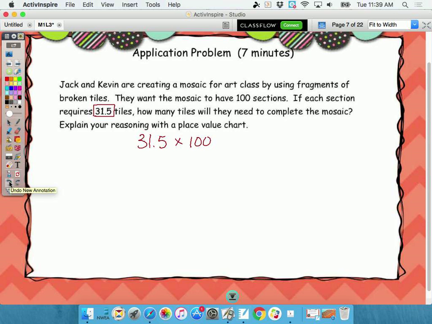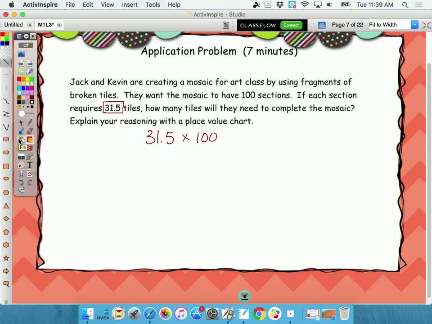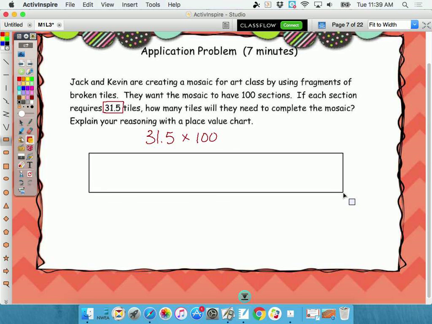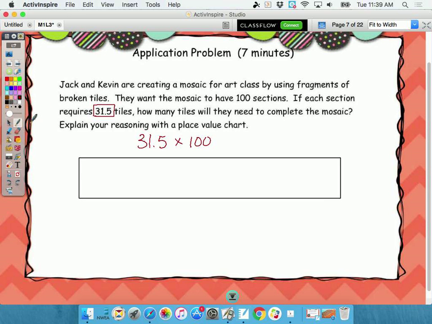Let's just do that again. Let's try this. There, that's better, isn't it? Okay, so on the place value chart, did we already put a decimal on your chart? Yeah. Isn't it right here?